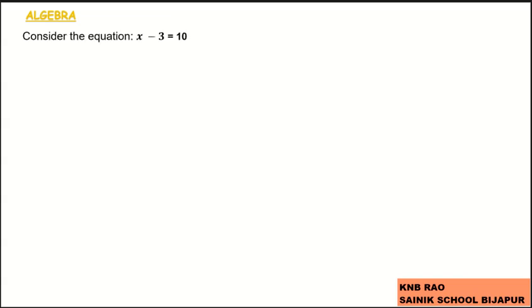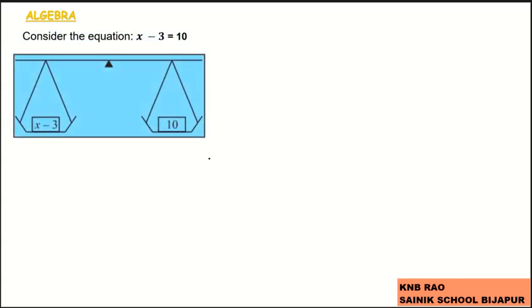Let us take another example. Consider the equation x minus 3 equals 10. Visualizing this as a physical balance, on the left hand side we have x minus 3 and on the right side we have 10. So, to make the left pan have only the variable, to remove minus 3 I need to add 3 on both sides.